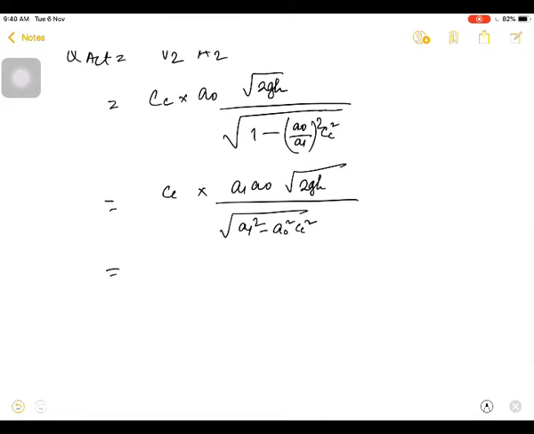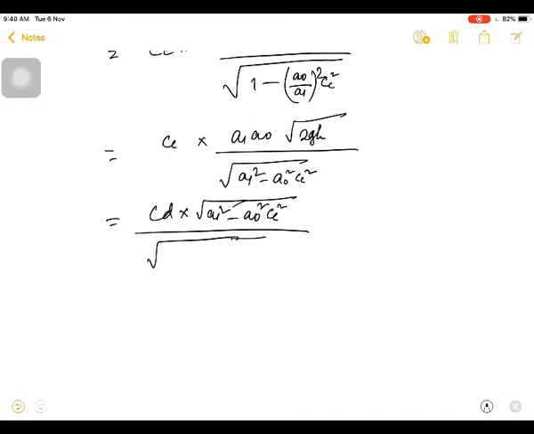So what is the value of CC? This. So the value of CC will be CD into root of A1 square minus A0 square into CC square by root of A1 square minus A0 square into root 2GH into A1 into A0.